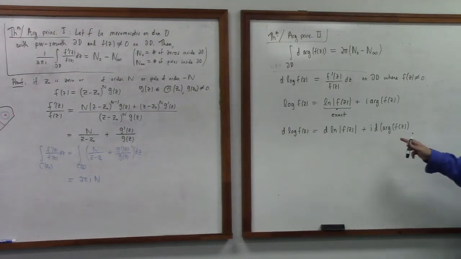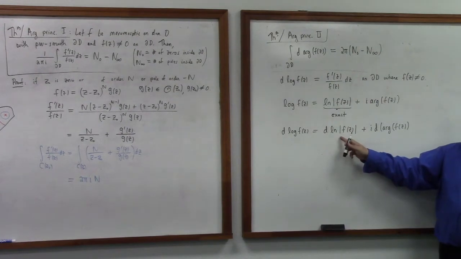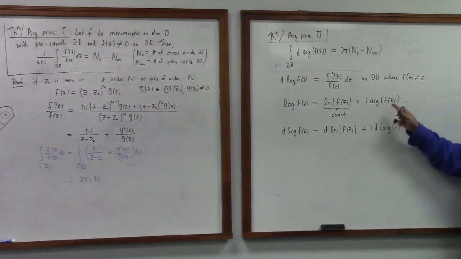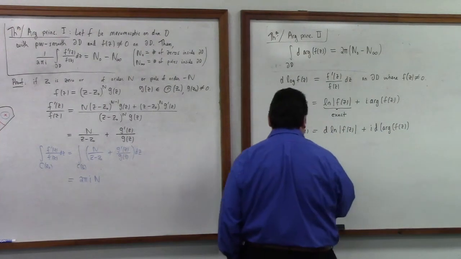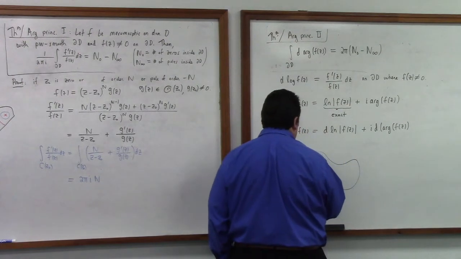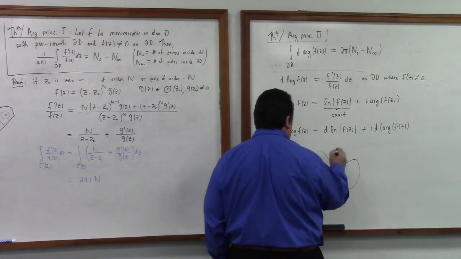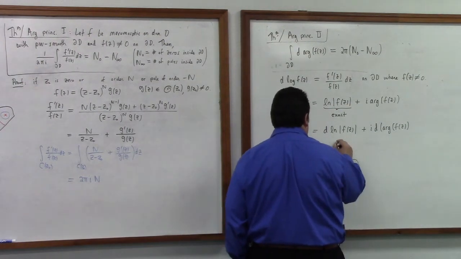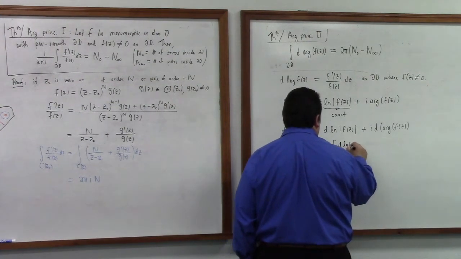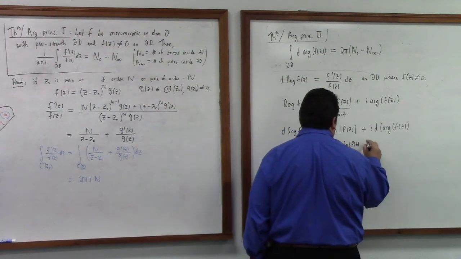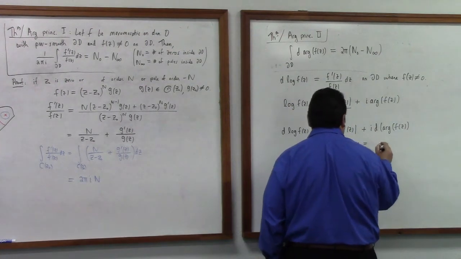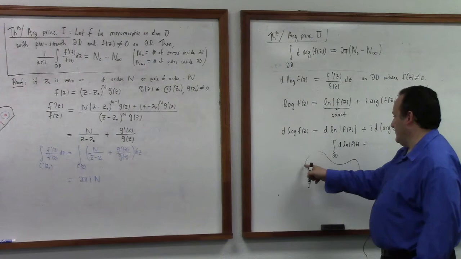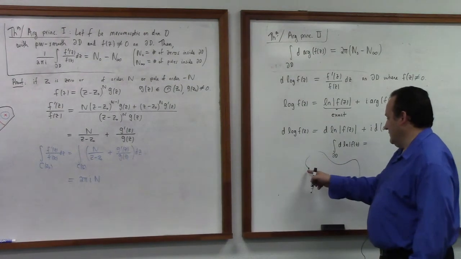On the other hand, this one, we were assuming that f of z is not equal to 0. So if we go around that boundary, we can say that this piece integrates to 0 because we can parameterize the outside.